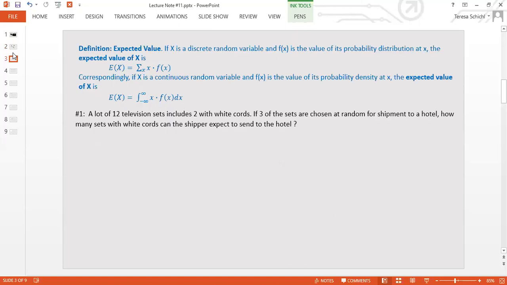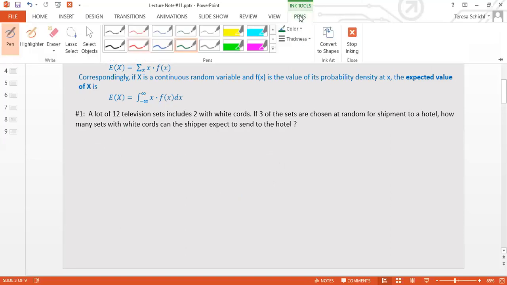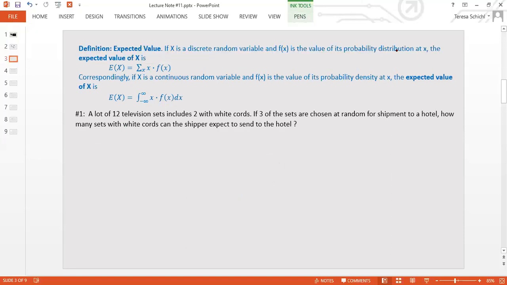Okay, so now let's take a look at the definition, right? Just like we said, if f of x is the probability and x is the value, then this is what we call the expected value of the random variable x.